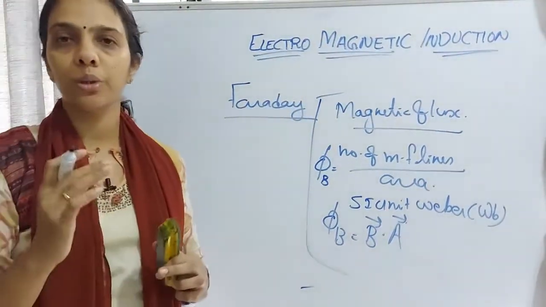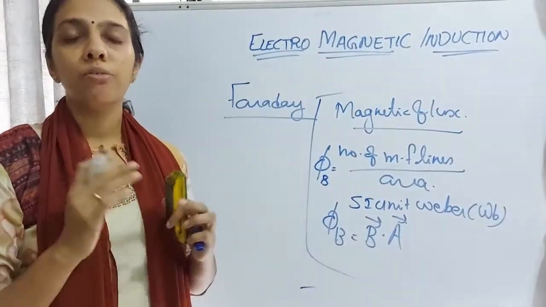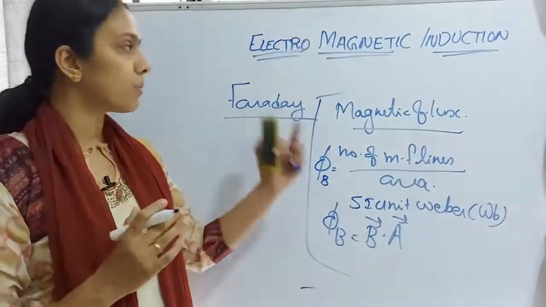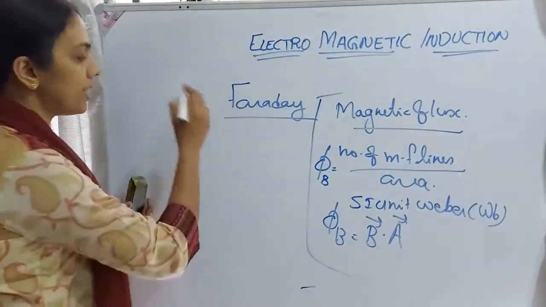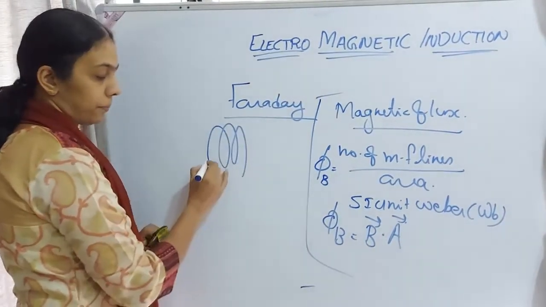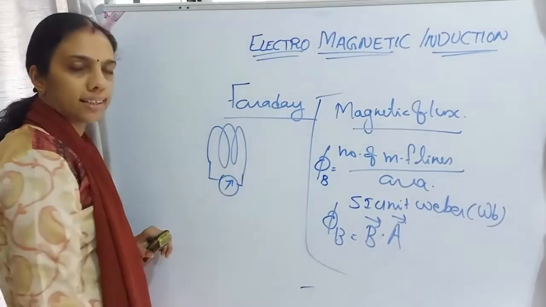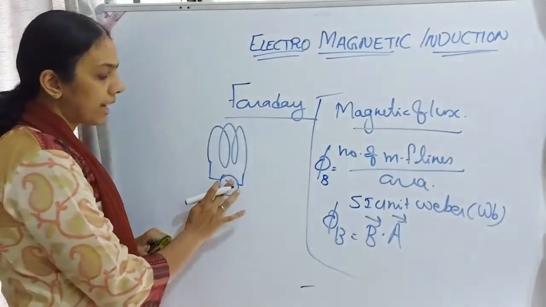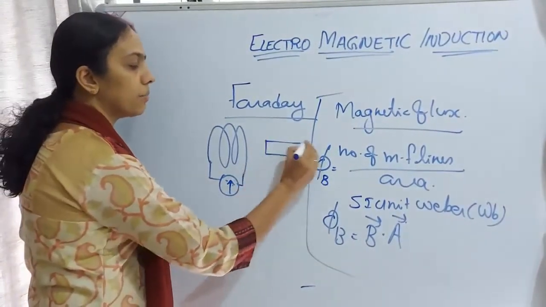Okay, now we are going to talk about Faraday's experiments related to electromagnetic induction. So his first experiment was, he took a coil and a galvanometer is connected to it like this, and we are taking a magnet.